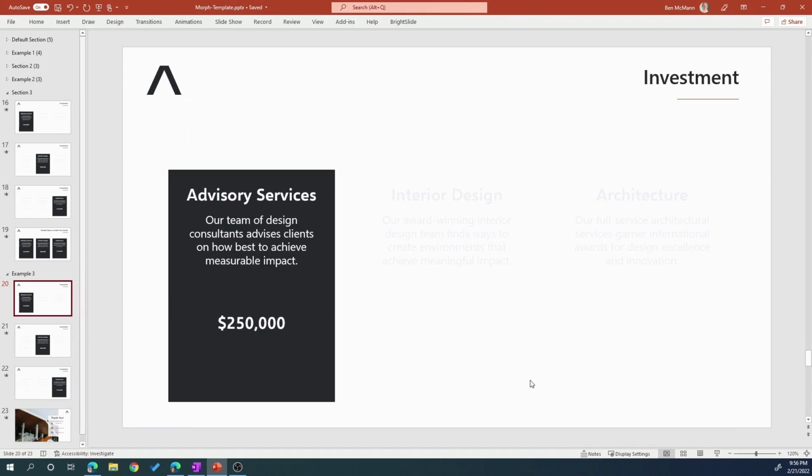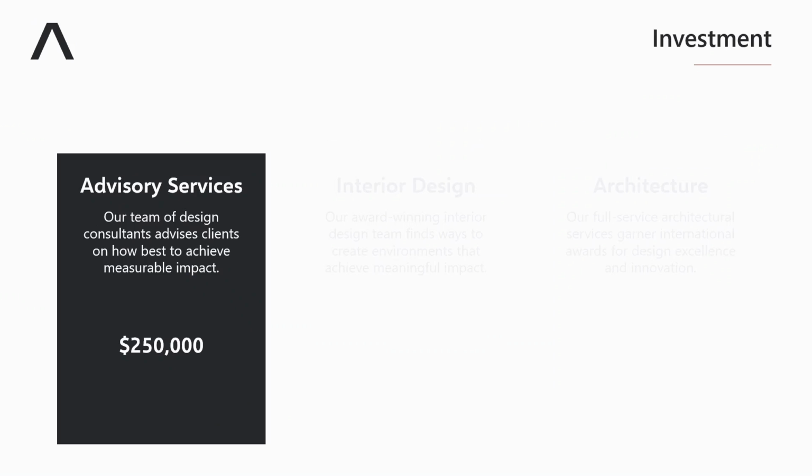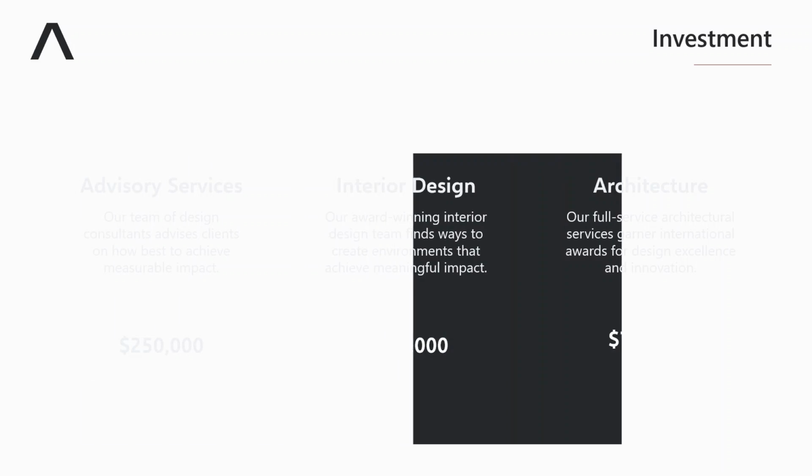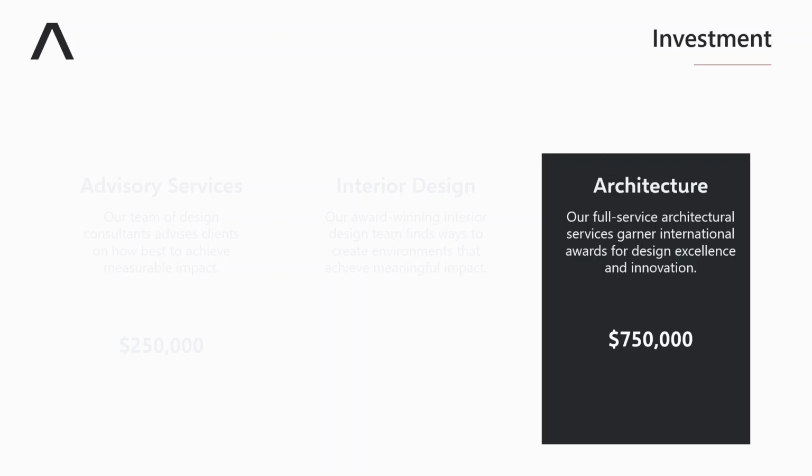So let's play our slideshow. As we discuss our investment options with the client, we focus on our advisory services first, have a conversation about that one. Then we'll turn our attention to our interior design capabilities. And finally, our architecture services. So one at a time, we get to guide the conversation, have a rich dialogue with our clients.